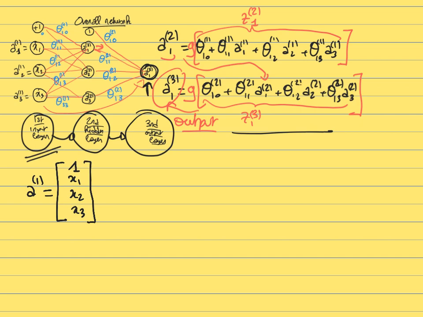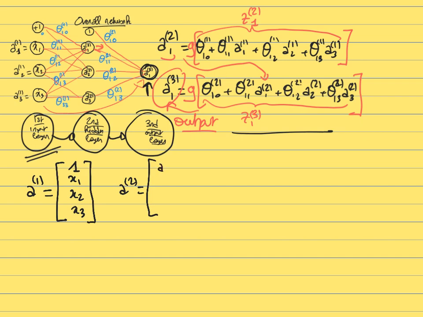Okay. Then what you are going to do next is to define the same thing for the second layer. So you're going to define the values of all the neurons in the second layer.